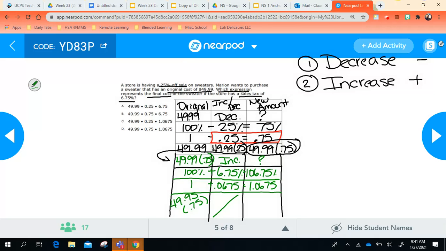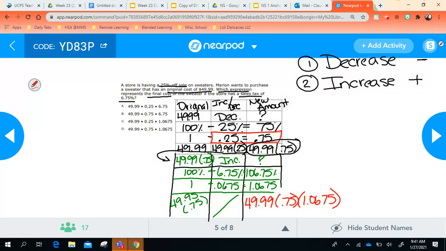Remember, you use the decimal above. I'll write it in red so you can see I'm taking my original, 49.99 times 0.75, and I'm going to multiply it by 1.0675.